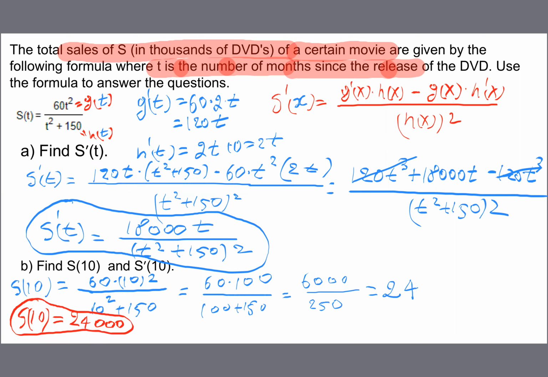We need to find S prime of 10. So we're going to put 10 into the S prime function. That is 18,000 times 10 over 10 squared plus 150, all of this squared. 180,000 over 250 squared.